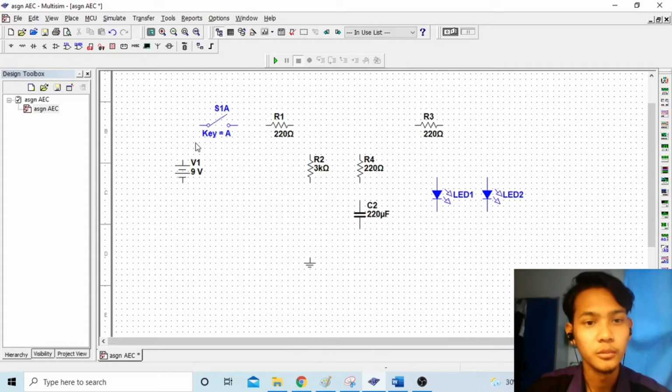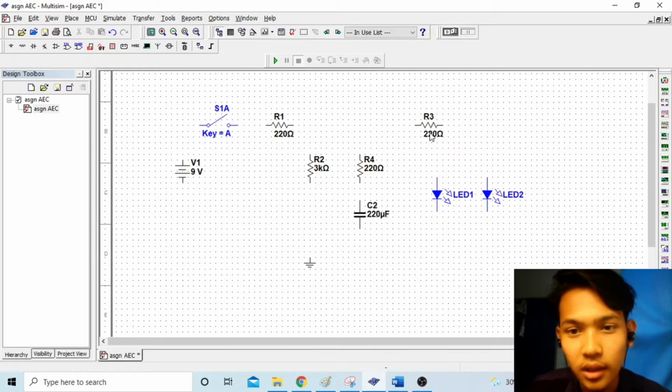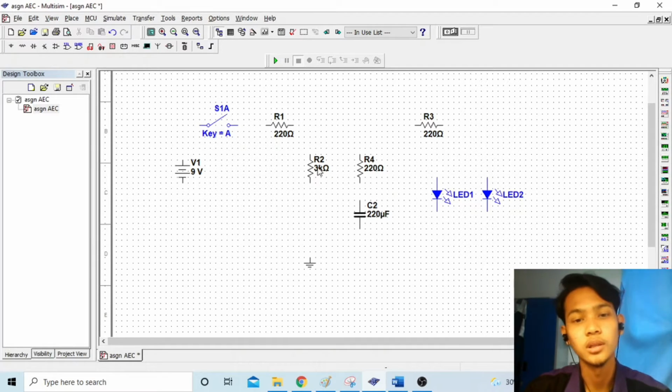Assalamualaikum. Now I'm going to show how to construct our circuit simulation. I have already prepared the components. So what we need is one 9 volt battery cell, ground, 4 resistors: 3 resistors of 220 ohms, one resistor of 3k ohms, a capacitor of 220 microfarad, an SPST switch, and two LEDs.